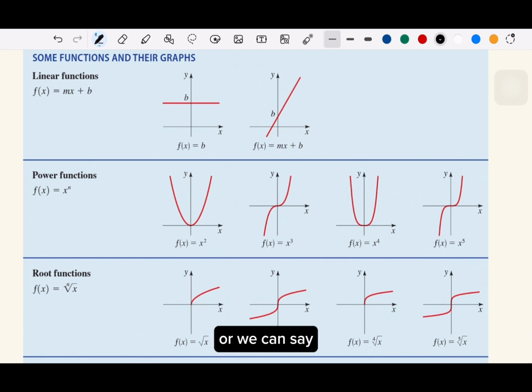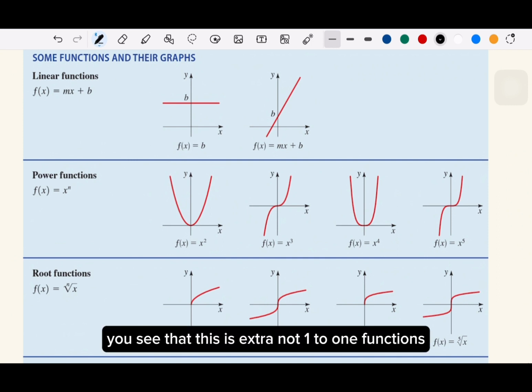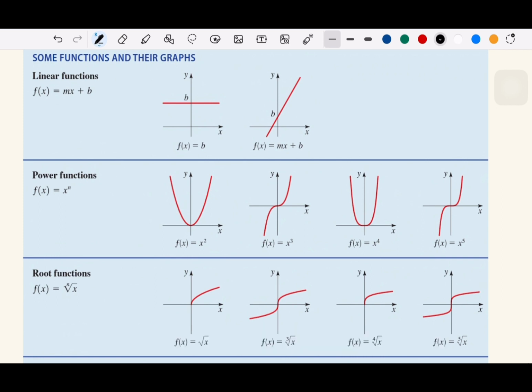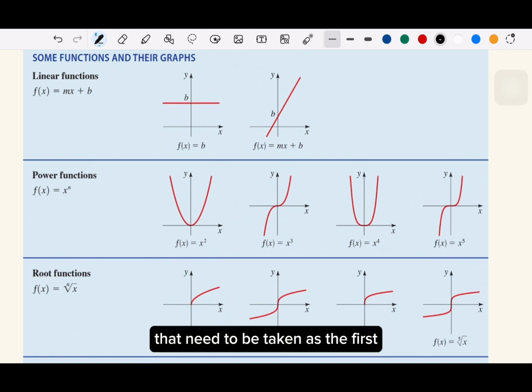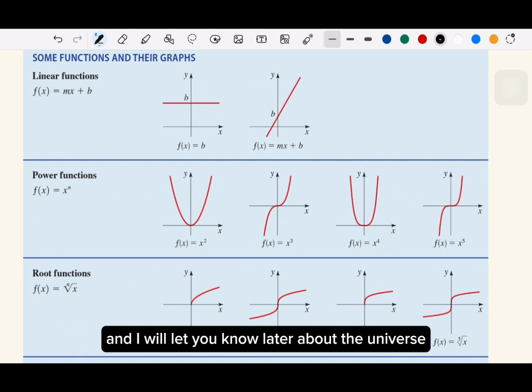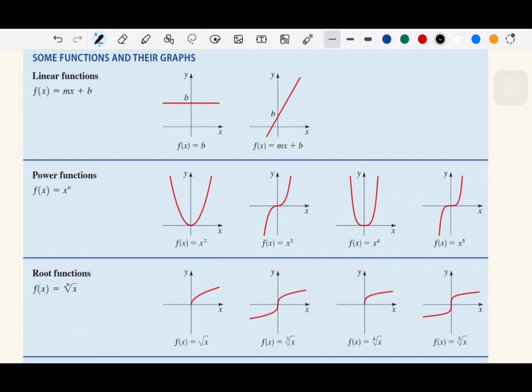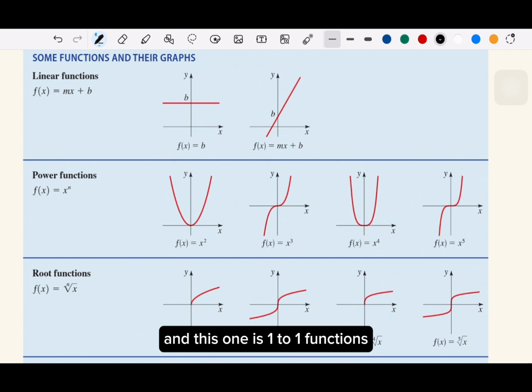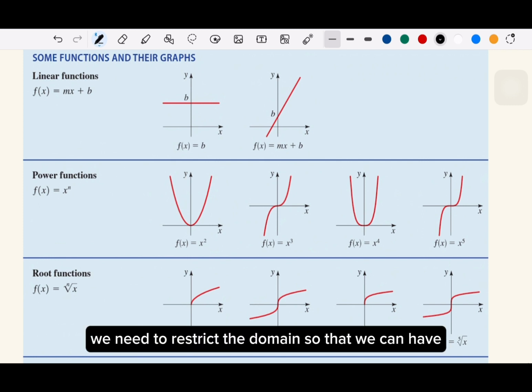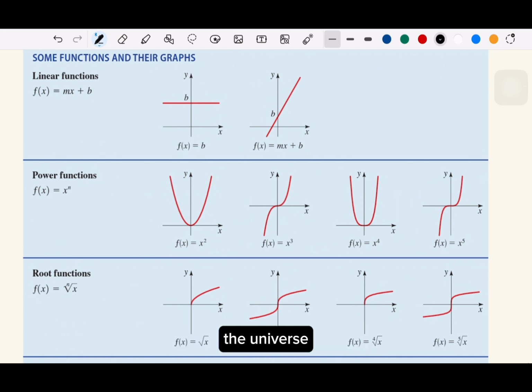Or we could say, if we look here later on, this is actually not a one-to-one function, so we need to select only this part or this part to be taken as the inverse. I will let you know later about the inverse. And this one is a one-to-one function. So for every function that is not one-to-one, we need to restrict the domain so that we can have the inverse.